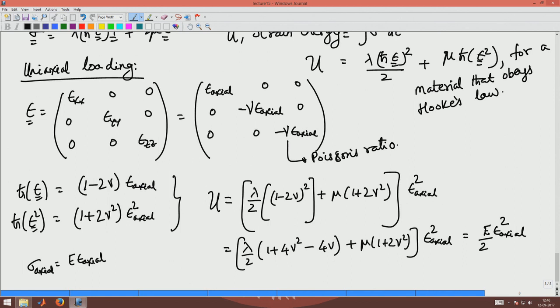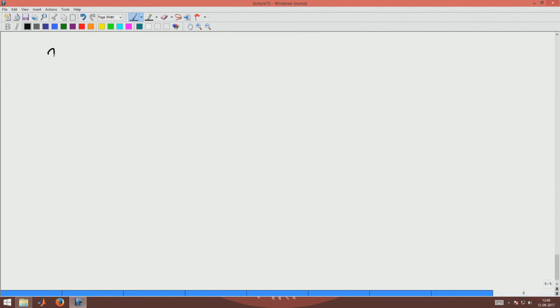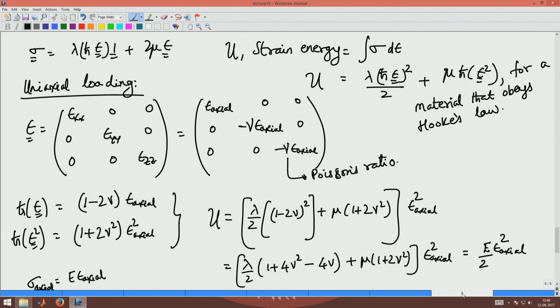So, what will happen is this u is the integral of E times epsilon axial d epsilon axial, the other components of stresses being 0. So, this is nothing but E epsilon axial squared by 2. Okay. So, the straightforward way of doing it is what we did before, what we did here.